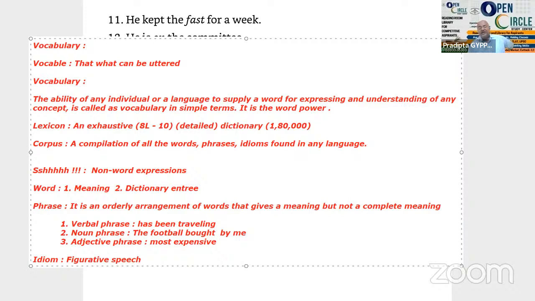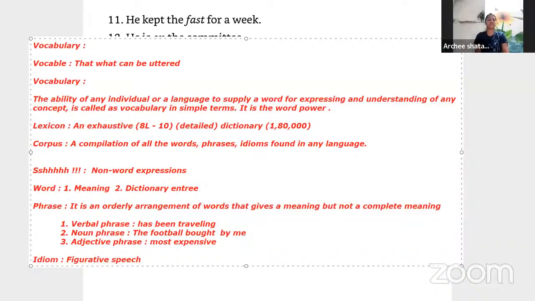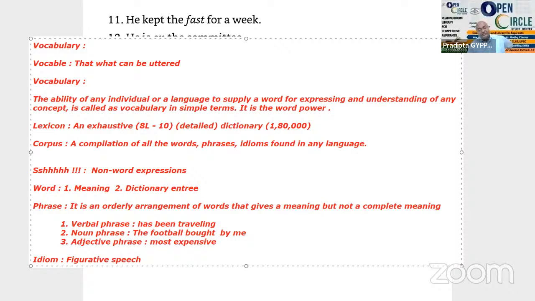Okay, so this is a figurative speech. This is an idiom. Understood? Now, getting back to what I was telling, corpus is a compilation of all the words, phrases, idioms that are found in any language.